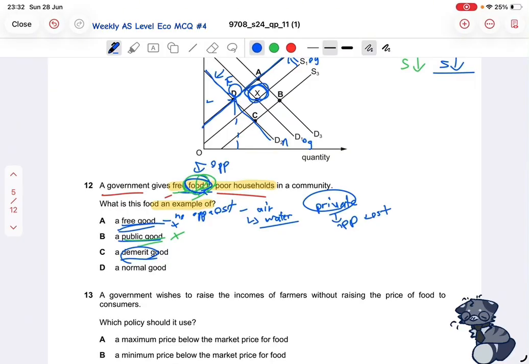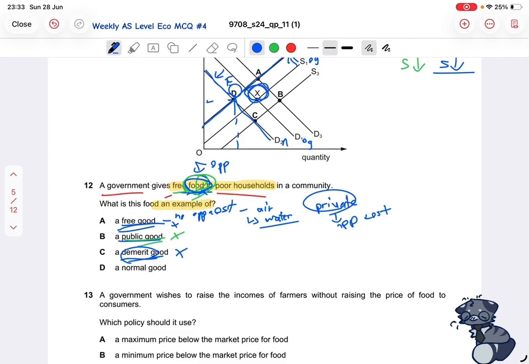As food doesn't really cause any external costs, it is healthy, it's good for your health, and it's good for your life. So it's not necessarily a demerit good, so let's just cross that off. Better examples of demerit goods would be cigarettes, tobacco, alcohol, as they are not very good for your health.